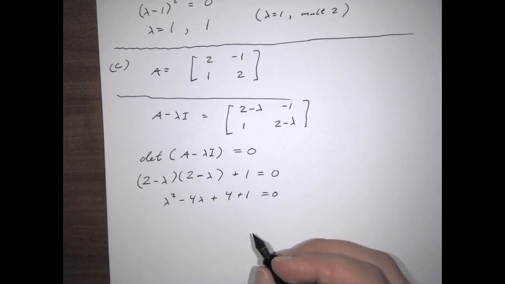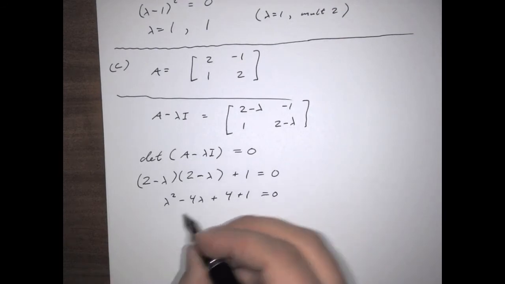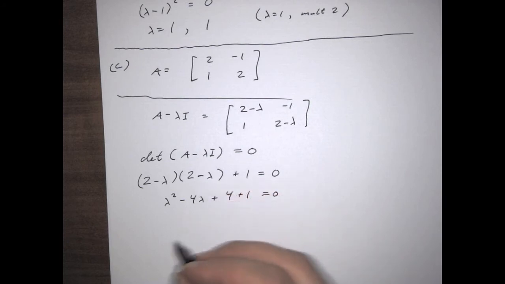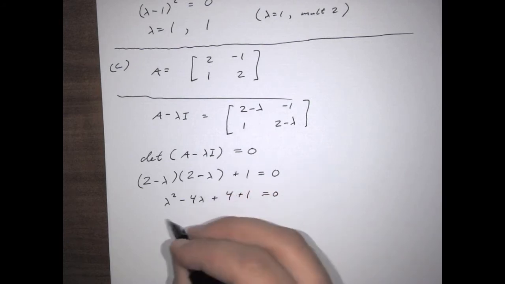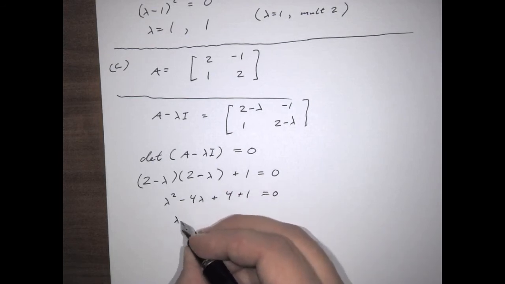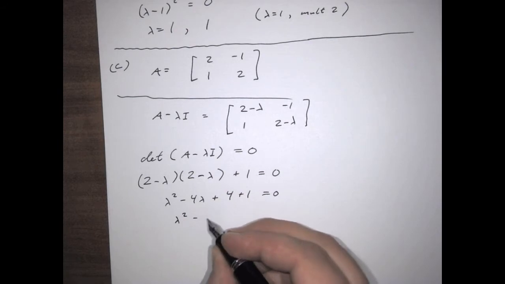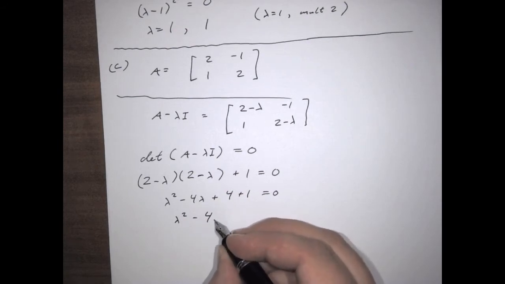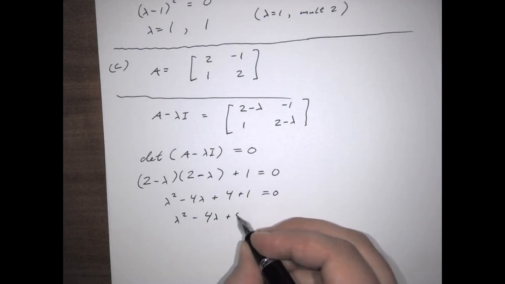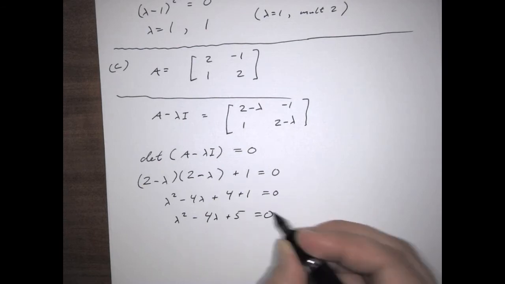Now, those of you who are more comfortable in the algebraic world might be able to figure out some fancy way of doing this. But just to show you that no fancy ways are necessary, we can just go with the nuclear option here, which is the quadratic formula. So lambda squared minus 4 lambda plus 5 equals 0.